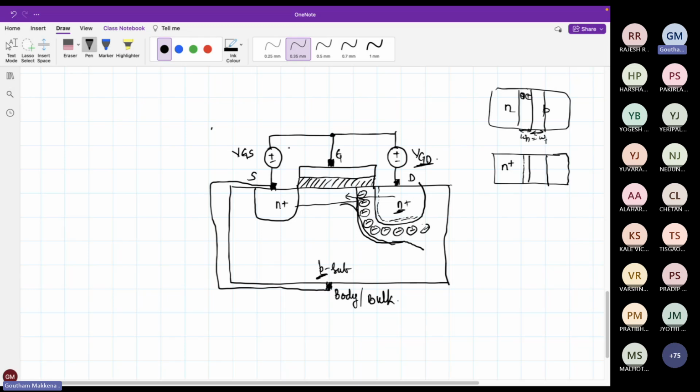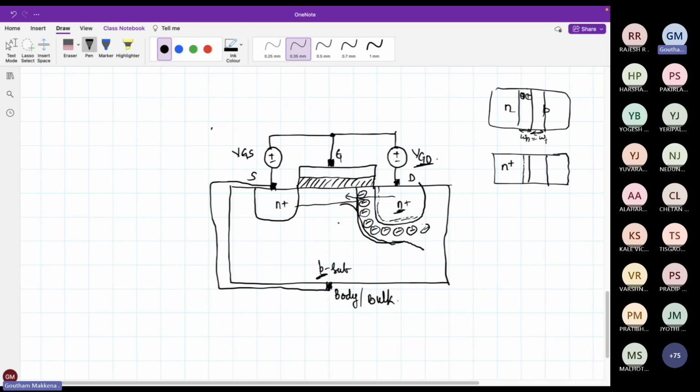Like you told, more and more electric field should attract more and more current. But as I increase this voltage, this depletion region width is also growing, and this may be one of the reasons why the saturation current is not increasing so much, even though I am increasing the voltage.